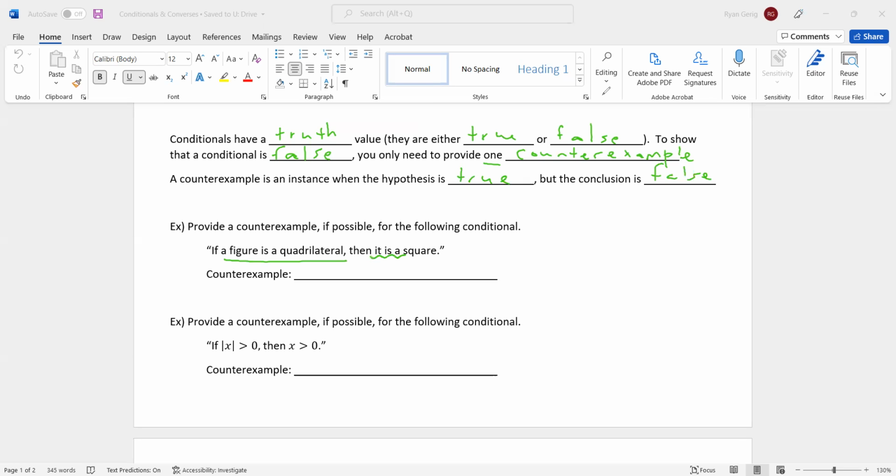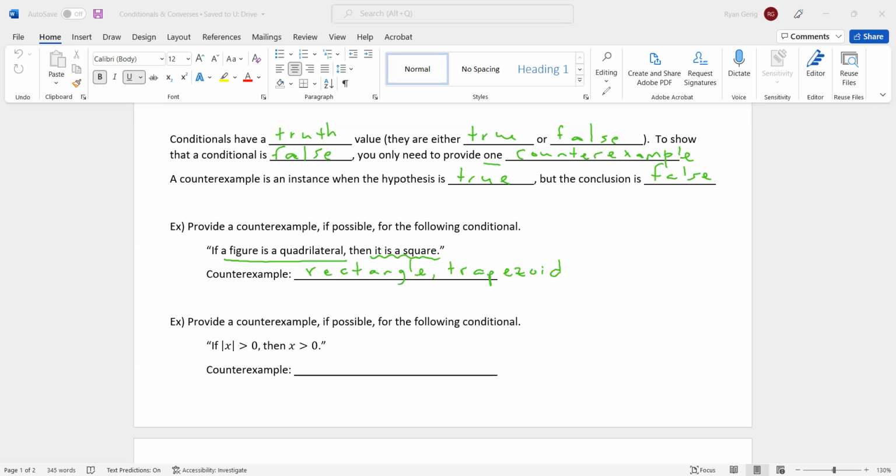Well, that's not true because there are other types of quadrilaterals, right? If I'm looking at the general population of the quadrilaterals, I cannot conclude that all of those are squares. So a counterexample to that would be a rectangle. A rectangle is not a square. A trapezoid, a kite, get the idea.